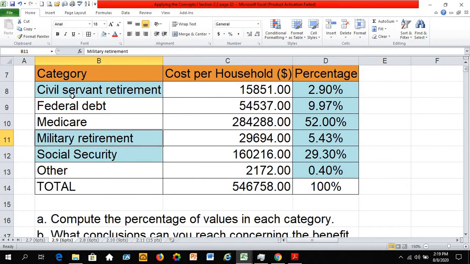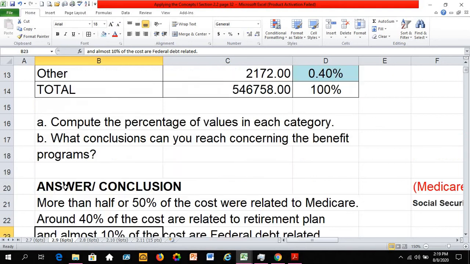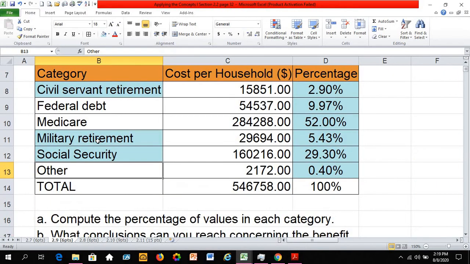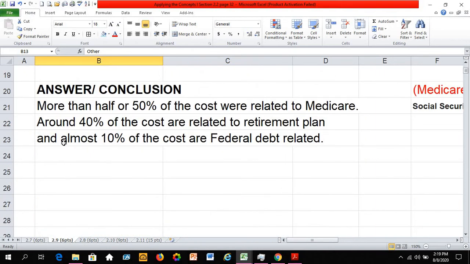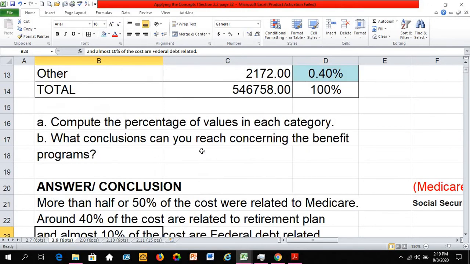These are all retirement plans. So roughly these three is around 40%. And we have 50, 40, the remaining 10% would be federal debt. Okay, so we have federal debt and others, that's the remaining 10%. Okay, so we could have that as our conclusion.